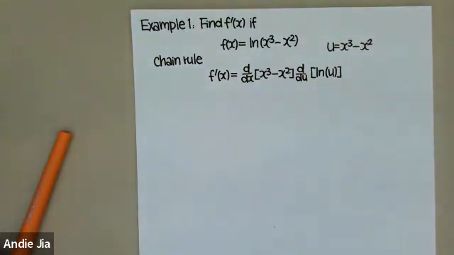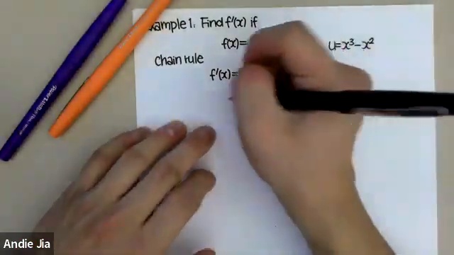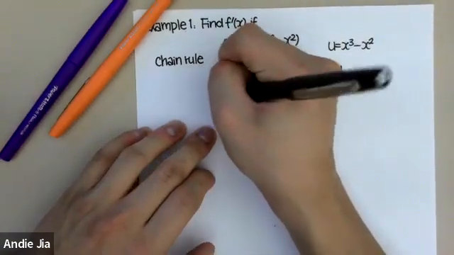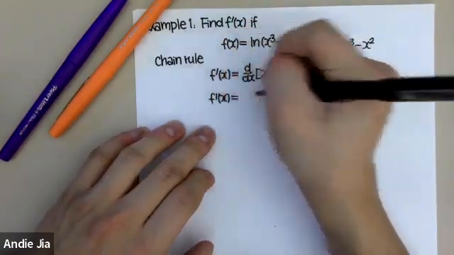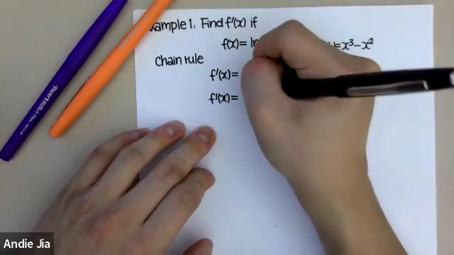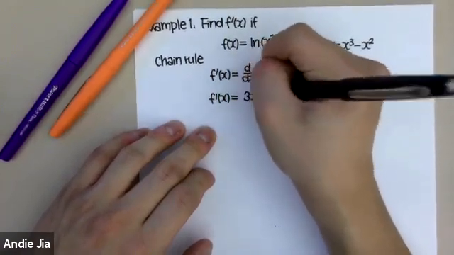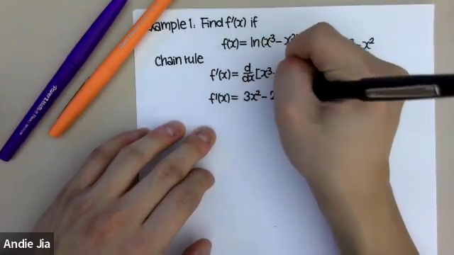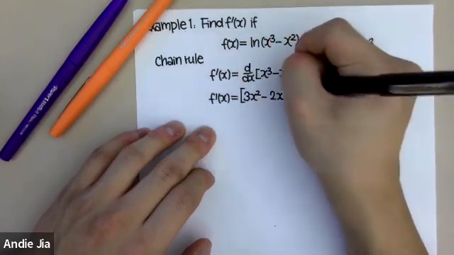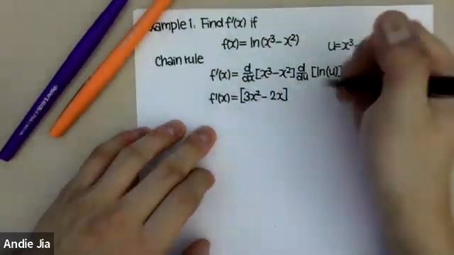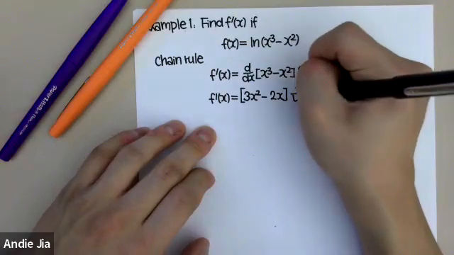Then you do all the derivative things: 3x squared minus 2x, times 1 over u.